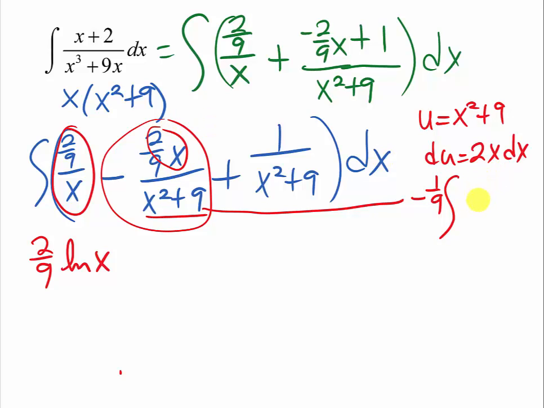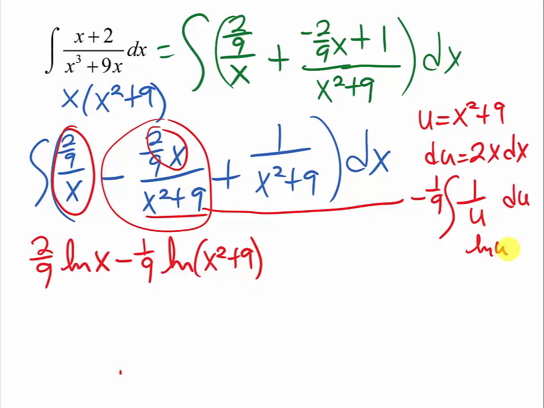So the 2x dx becomes du, and then I just have 1 over u. So I can see that's going to be negative 1/9 natural log of u, but I'm going to go ahead and replace that back again so we got room here. So this would have been ln u, and then there's my u.